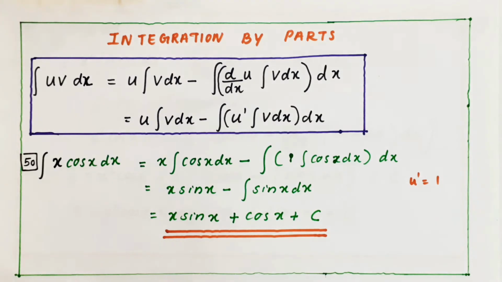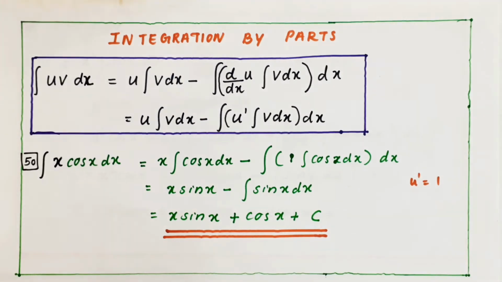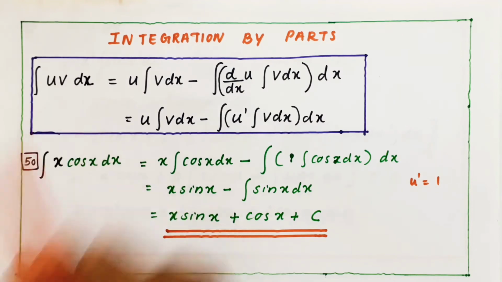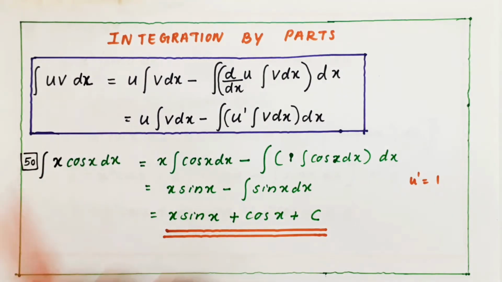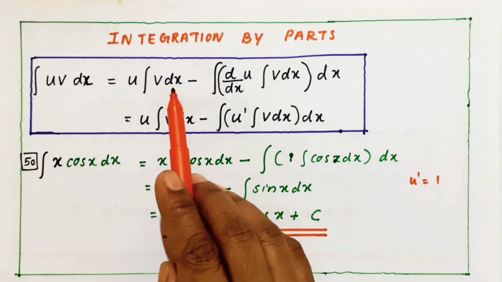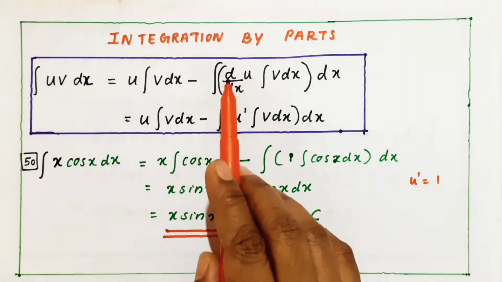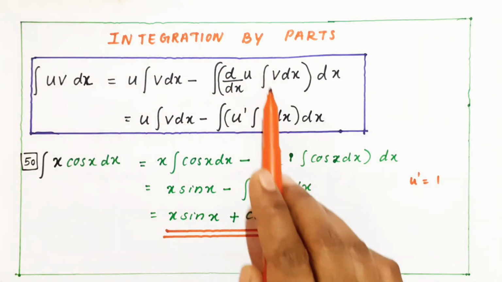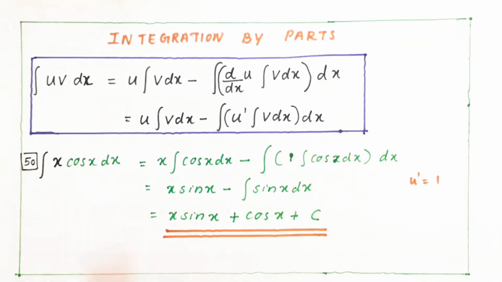In the previous video, I explained with the integral of u v dash x dx. But this is simple. No need of thinking a lot. Very simple. Integral of u v dx is u into integral of v dx minus integral of d by dx of u into integral of v dx, of dx.